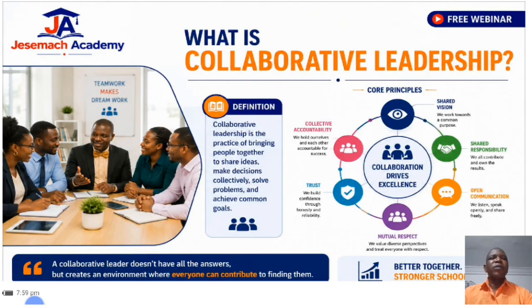So you must believe in what? Shared responsibility. So you distribute tasks to people. You should be able to know your followers, who they are, what they represent. Are they trusted? You put the round person in a round hole. Don't put a round person in a square hole. So it's part of the responsibility of the leader to know how to share responsibility among the followers.